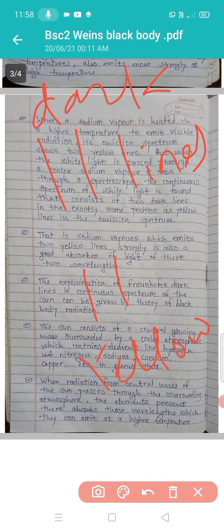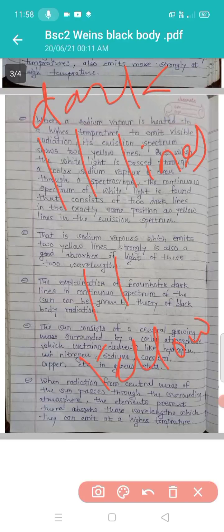When sodium vapor is heated to a higher temperature to emit visible radiation, its emission spectrum shows two yellow lines. But when white light is passed through a cooler sodium vapor and seen through a spectroscope, the continuous spectrum of white light is found to consist of two dark lines in exactly the same position as the yellow lines in the emission spectrum.